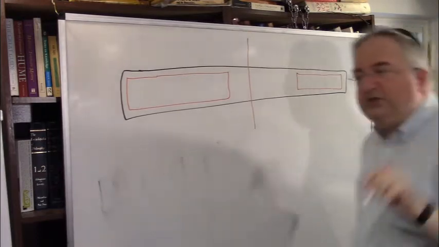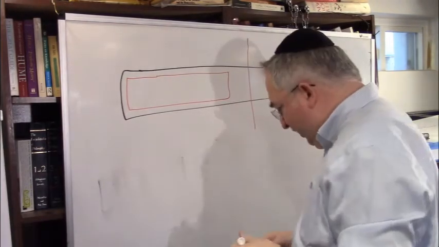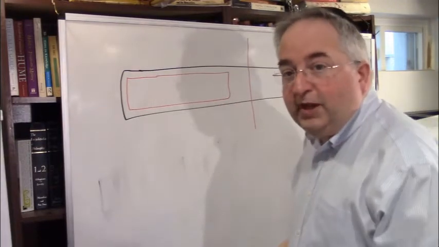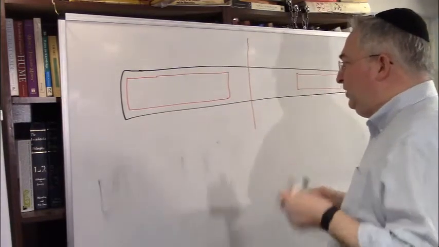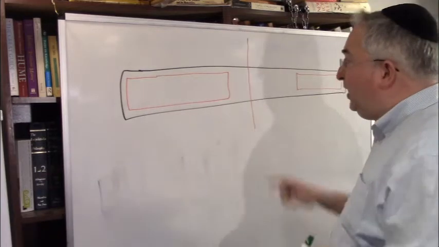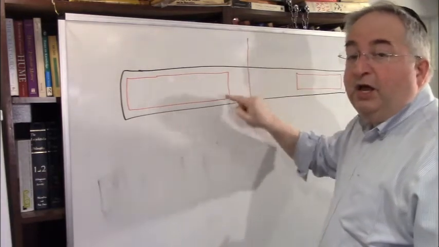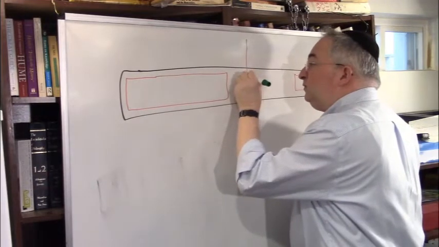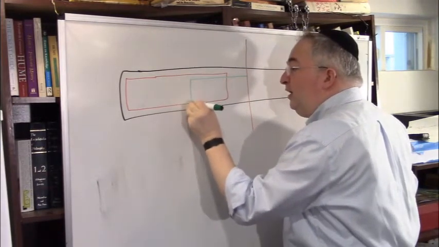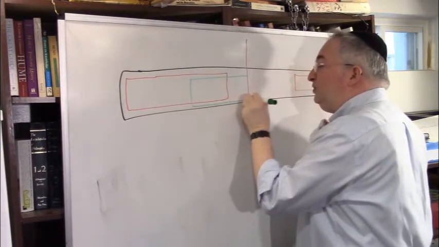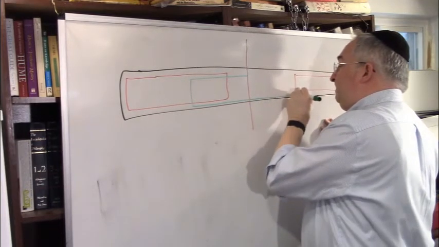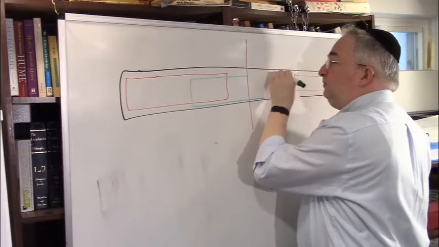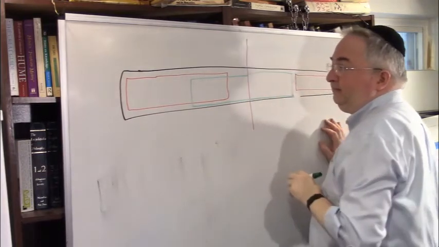Okay? But there's a third possibility too. And I want to point out this third possibility. We're going to spend the most time with this third possibility. The third possibility is that the maximal subarray crosses this middle boundary. Okay? In other words, in order to get the most money, you have to do this and this.